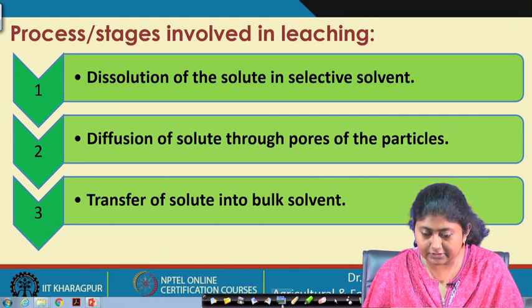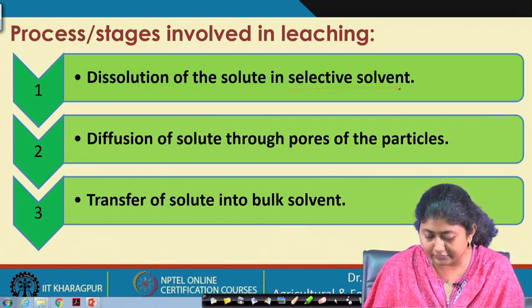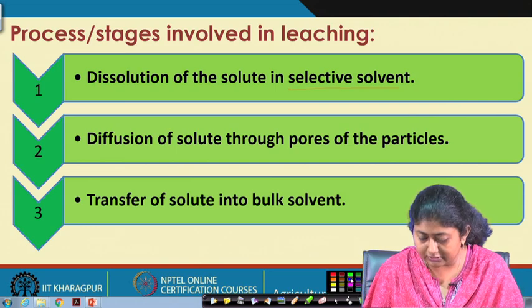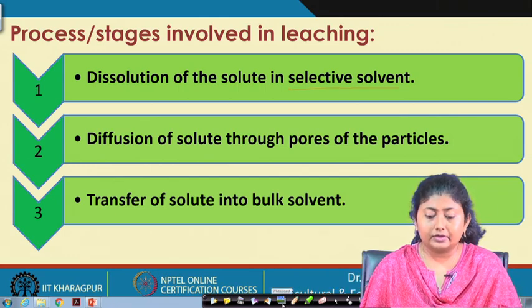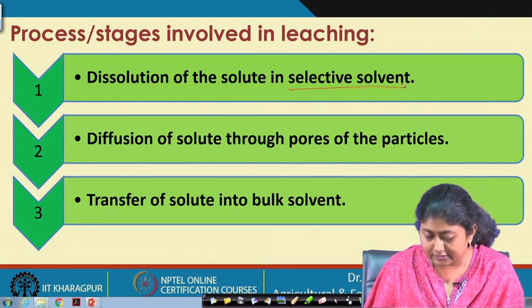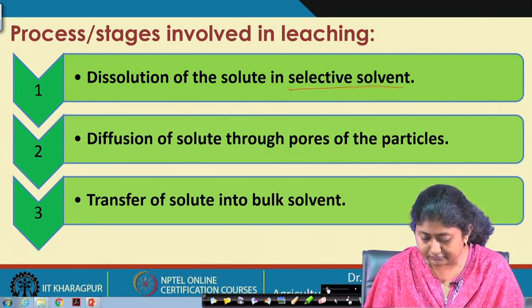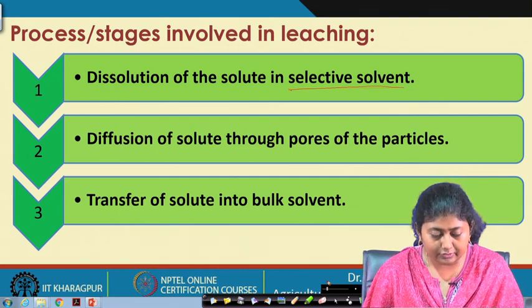We use the term selective solvent because not all solutes will have affinity in all materials. So, we have to select the solvent efficiently, so that it will have a higher affinity towards that particular solute.